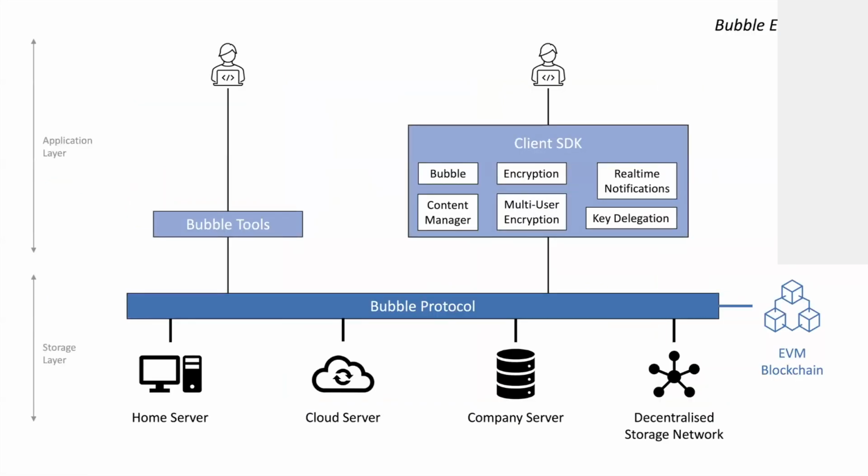So let's have a quick overview of what Bubble Protocol is and what its ecosystem looks like. So for anyone who doesn't know, Bubble Protocol is an access control protocol for off-chain storage. So we already have off-chain storage in Web3. We've got IPFS.